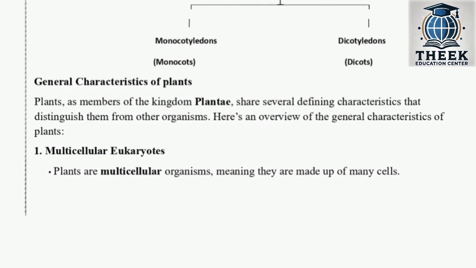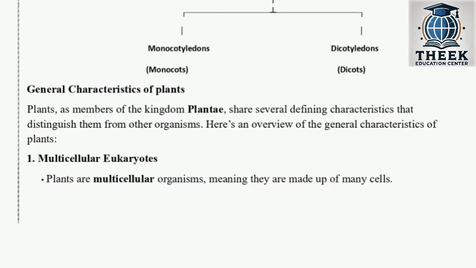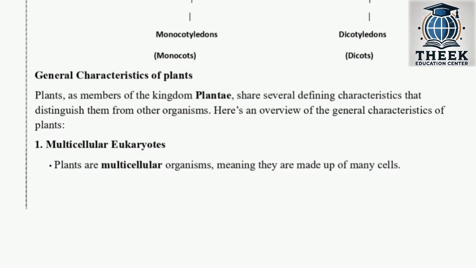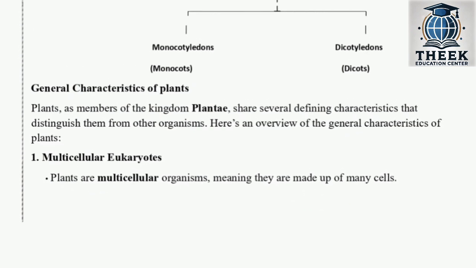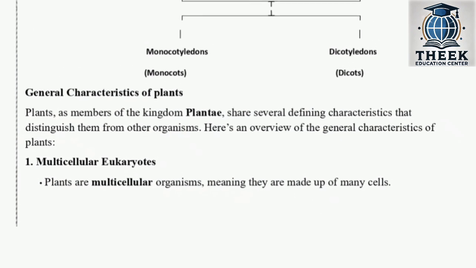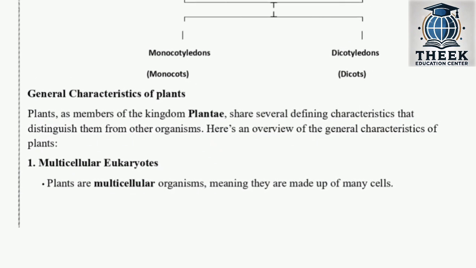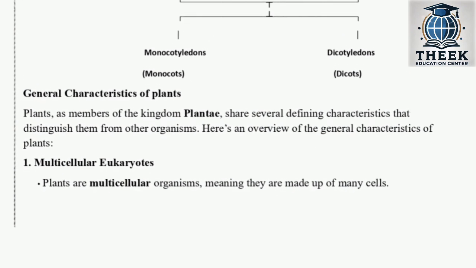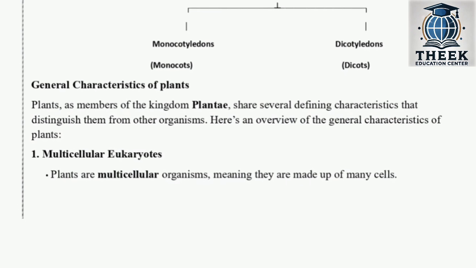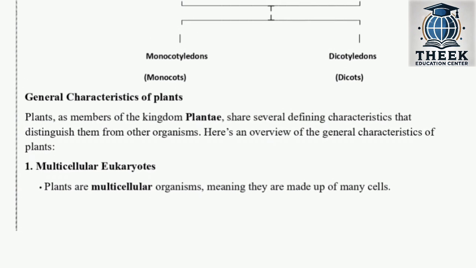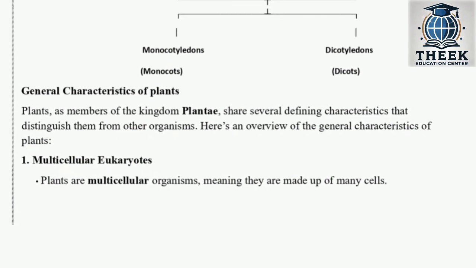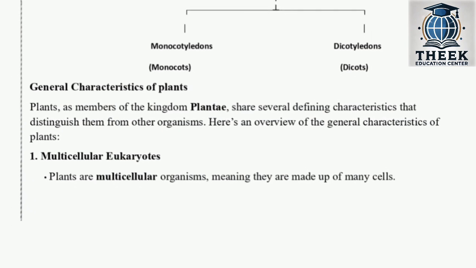One, they are multicellular eukaryotes. Multicellular means these plants have very many cells. They are made up of many cells.